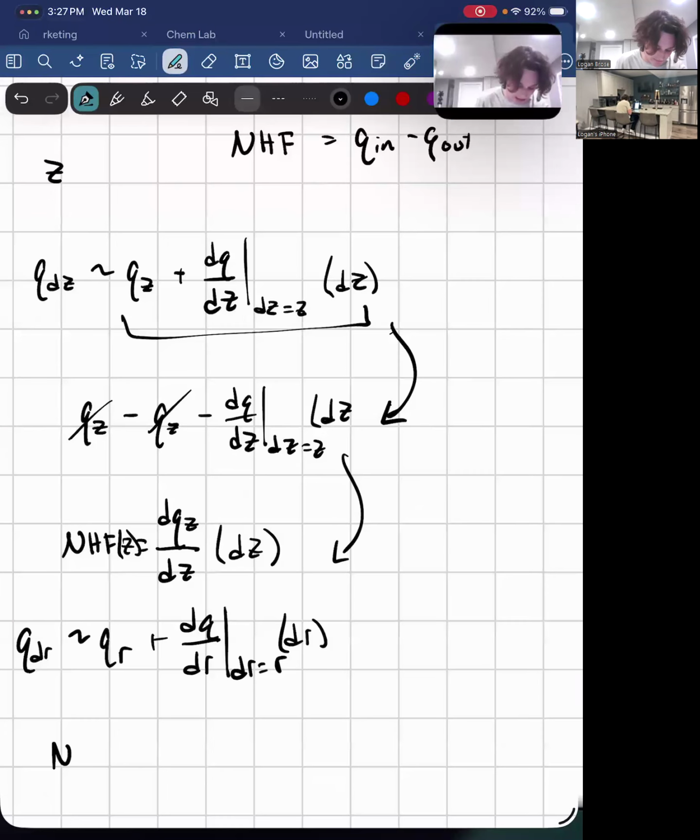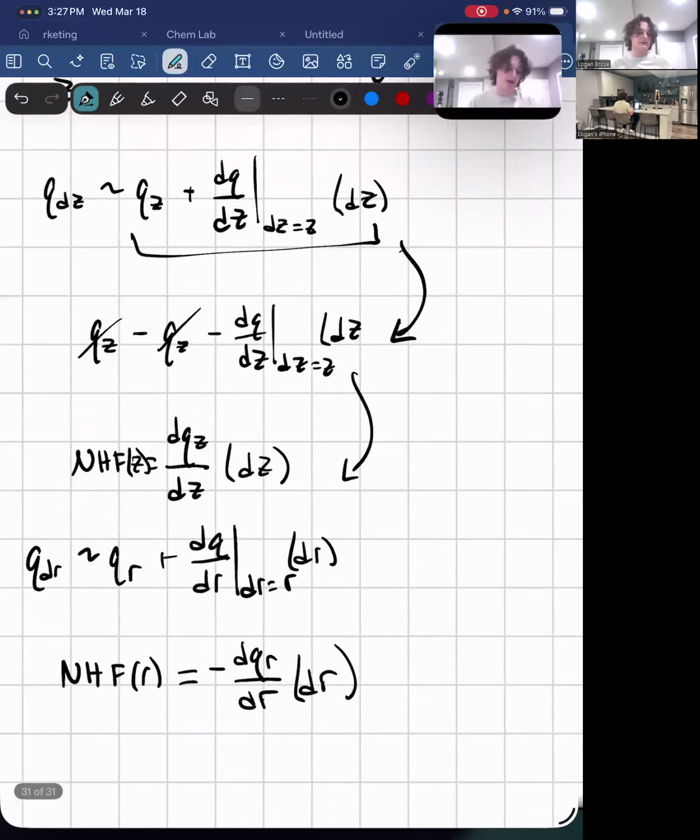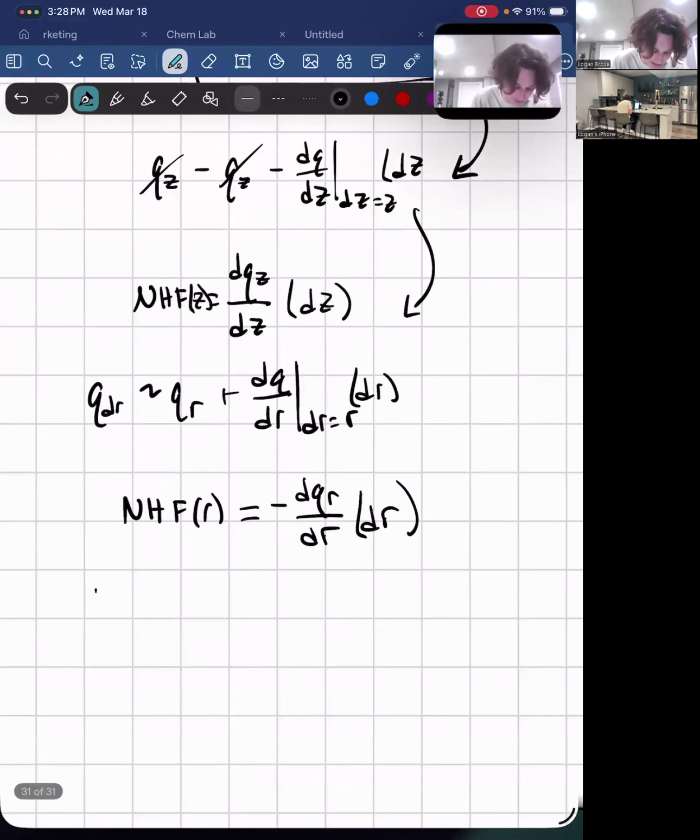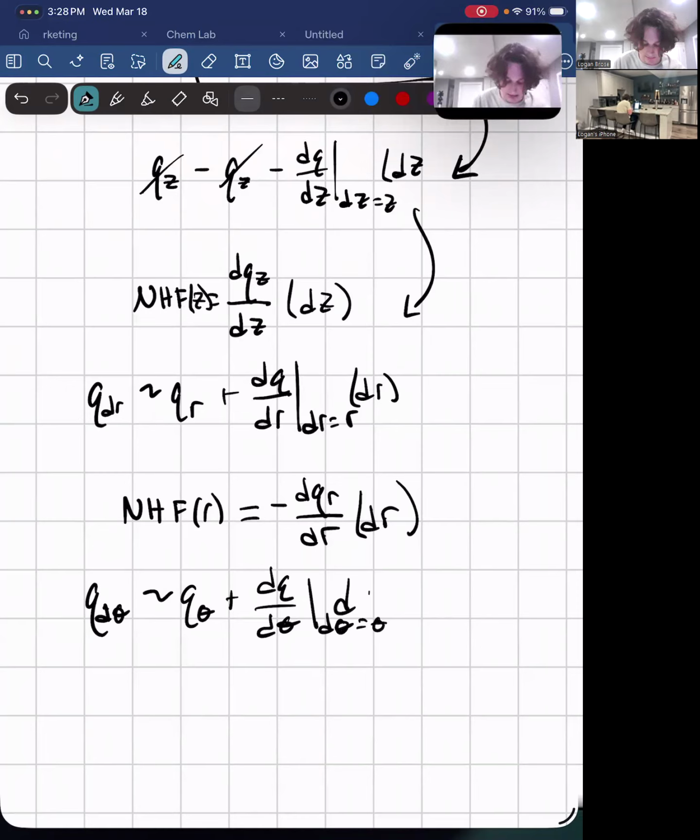So we get our net heat flow of r equals minus dqr over dr times dr, right? And then we can do the exact same thing for theta. Q at theta plus d theta is similar to Q theta plus the change in heat over the change in theta, evaluated at theta, times d theta, right?